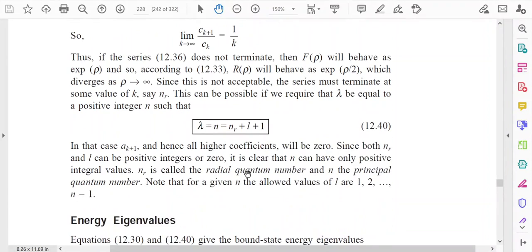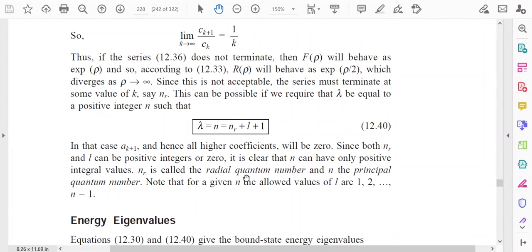So lambda is equal to nr plus l plus 1, and we are assuming lambda is a positive integer, that is n is a positive integer. Now since both nr and l can be positive integers or 0, it is clear that n can have only positive integral values.